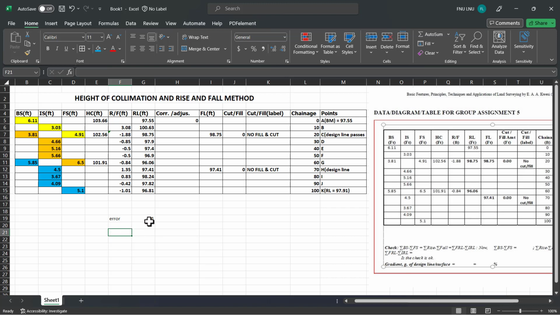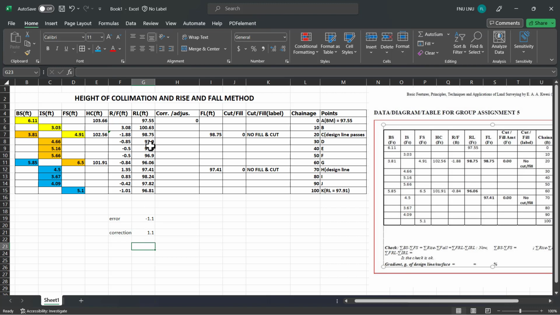So instead of minus 1.1, the correction will be plus 1.1.